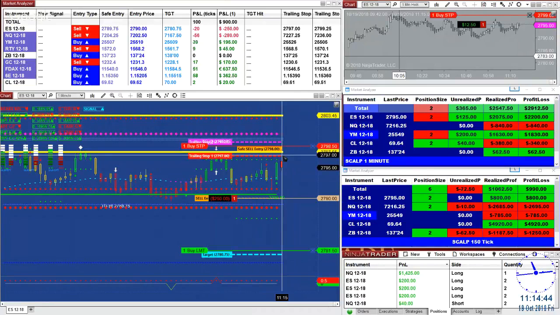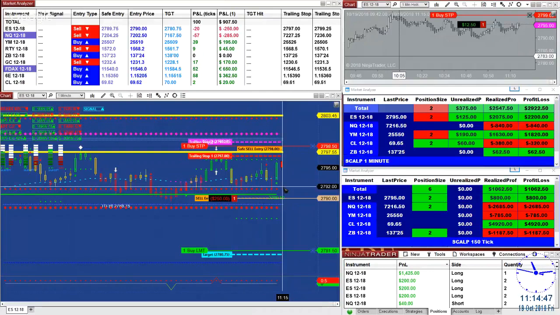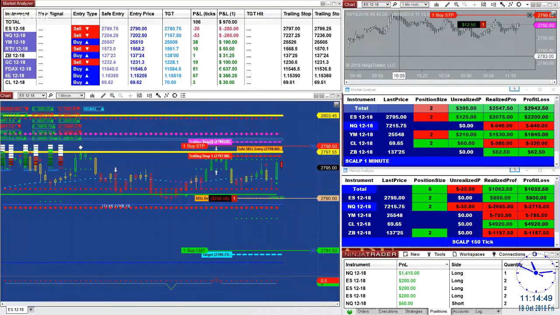Now you know yourself where is the support line. The support line is 92 level. So you can exit at 92 level if you are following that trade. It's very welcome.